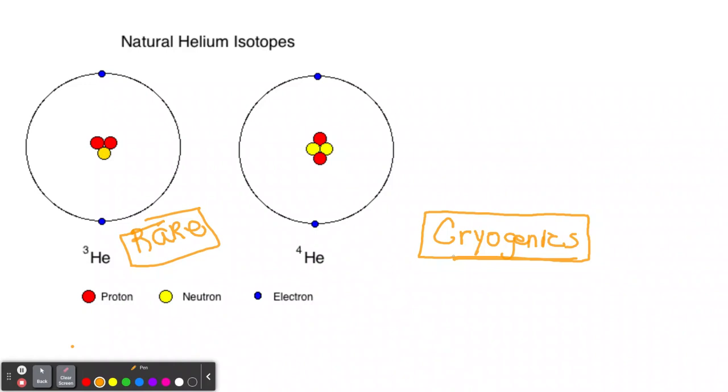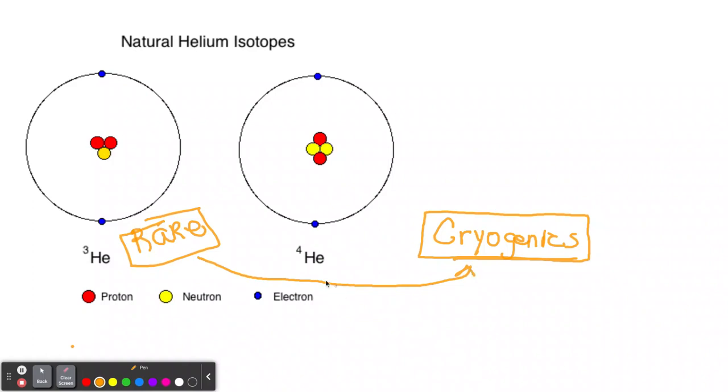Or let's say we're going on a trip to Betelgeuse or Alpha Centauri, we can freeze ourselves, and then when we get to that destination, which could take 80,000 years or much longer, then we can thaw ourselves out. But we don't have the technology now. And helium-3 is that element we would need for cryogenics. But it is extremely rare.